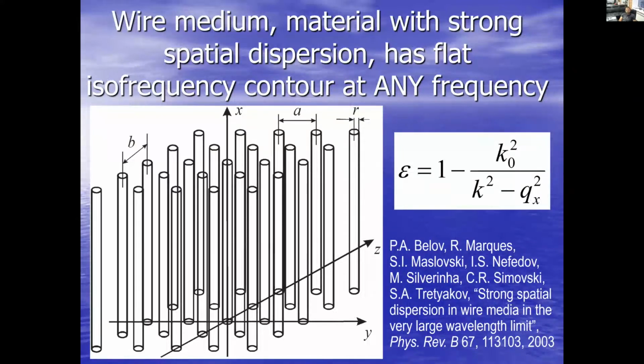What is interesting is that this is a kind of material which was known for quite a while, but till 2003, nobody noticed that it's a specially dispersive material. This is extremely important for us because due to this special dispersion and this Lorentzian dependence of epsilon of this material as a function of the wave vector along the wires, this material has a flat isofrequency contour at any frequency.